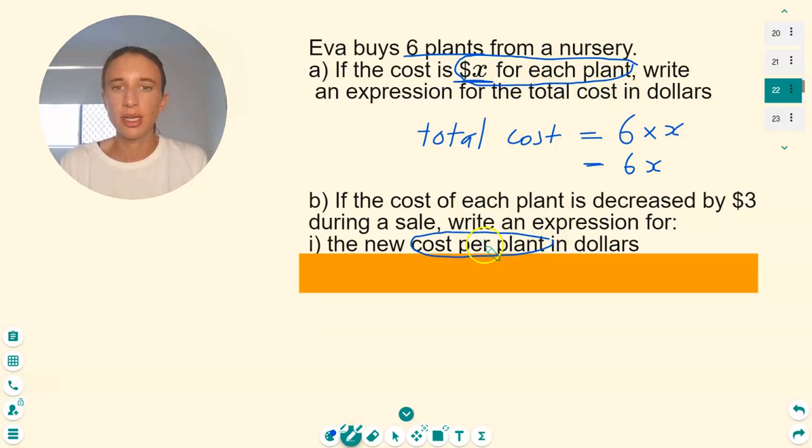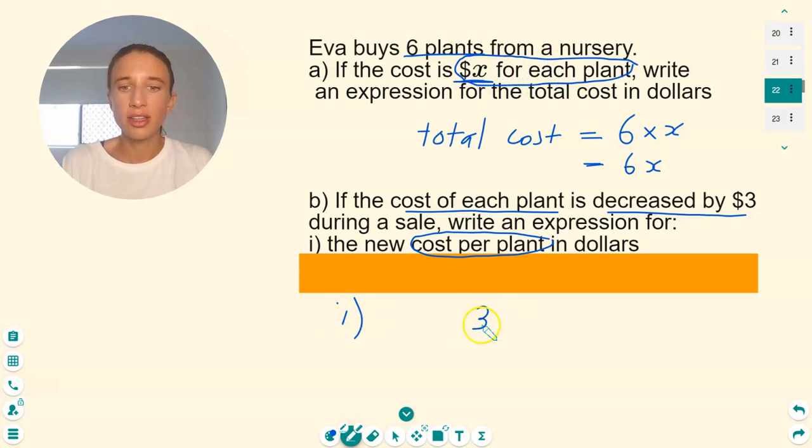Currently it's X, and we're decreasing it by 3. That means subtracting 3. So this is the new cost per plant.